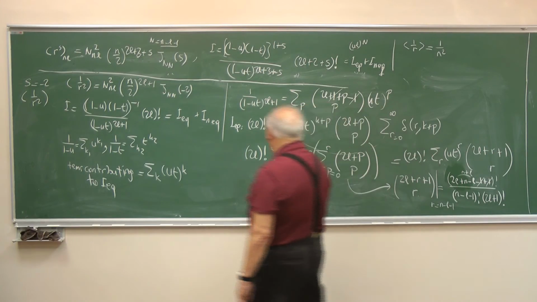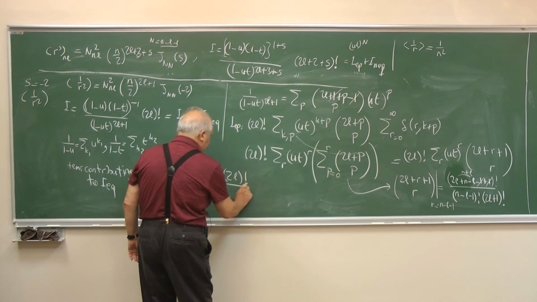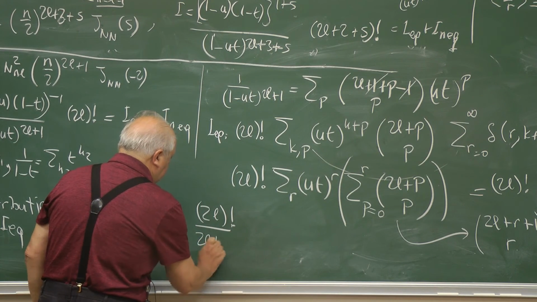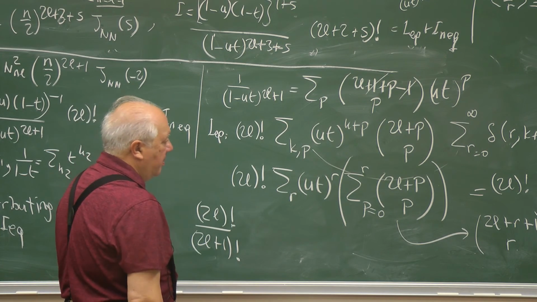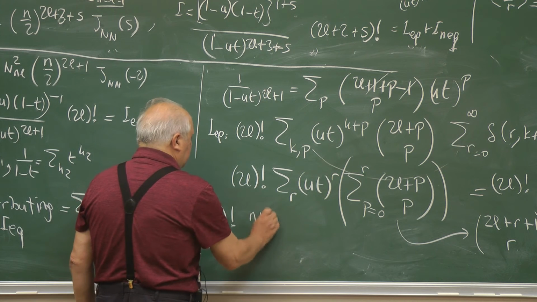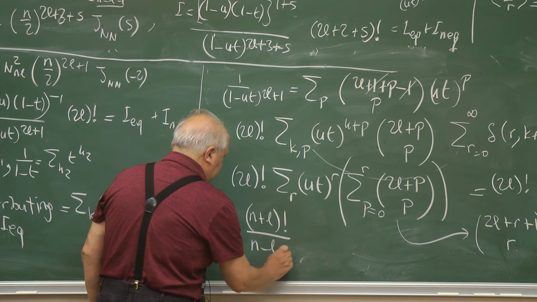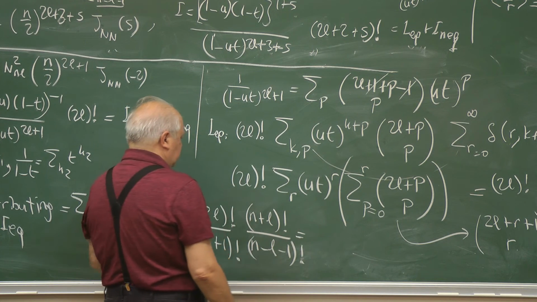So we have 2L factorial divided by 2L plus 1 factorial, and then n plus l factorial divided by n minus L minus 1 factorial, which is just this.